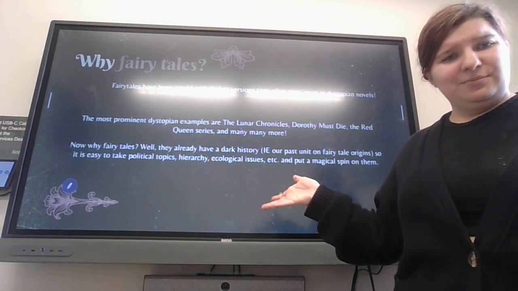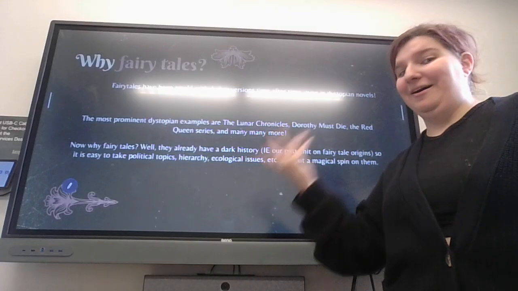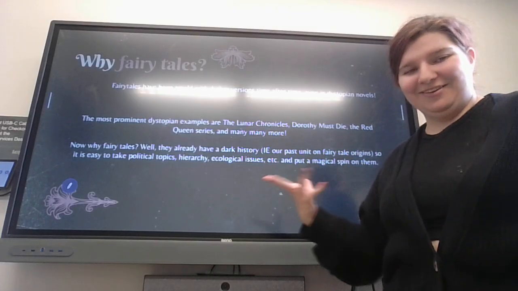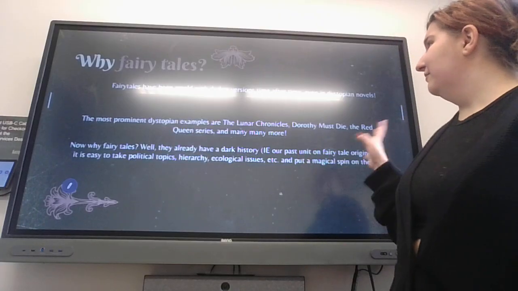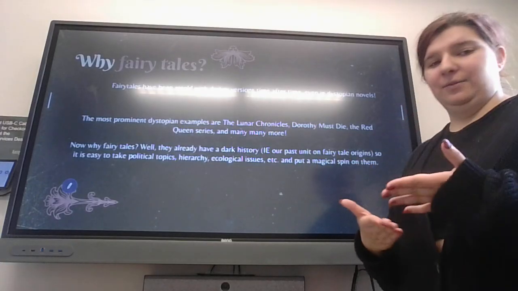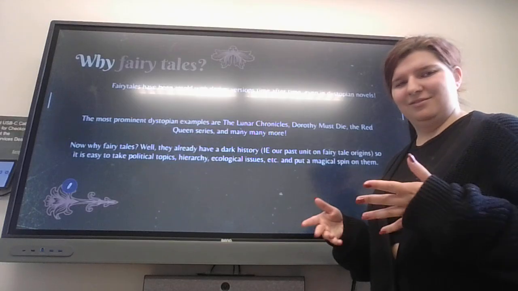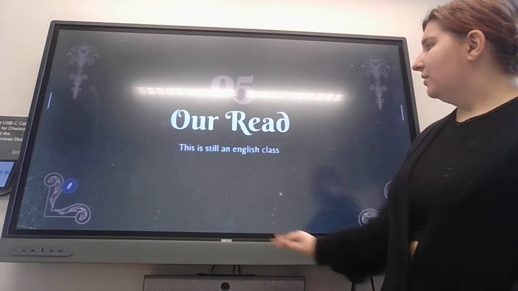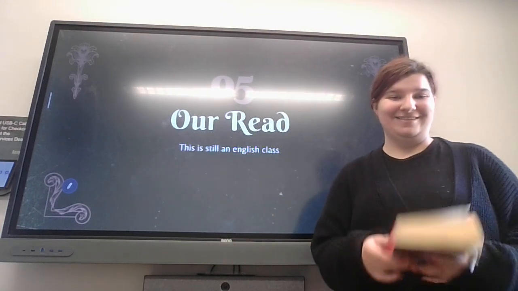And a lot of fairy tale books do this, where the Lunar Chronicles is also about capitalism, and Once and Future about capitalism, etc., etc. We can go on about this for hours, but there are a lot of fairy tale and fantastical elements even in the Hunger Games, when they're mixing animal breeds and stuff. But I digress. So our read, again, this is still an English class. It's not a history lesson.